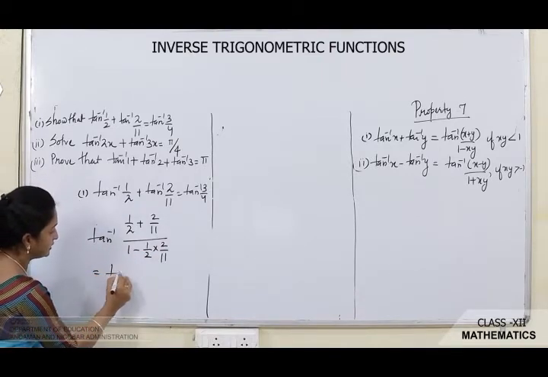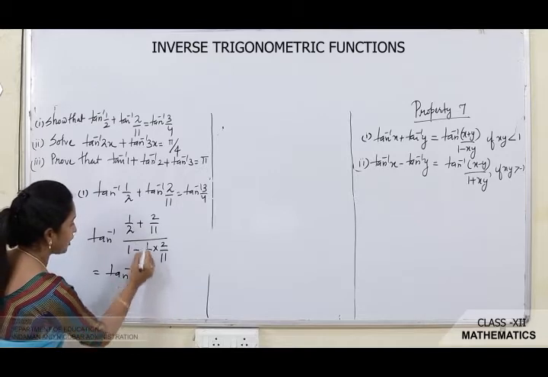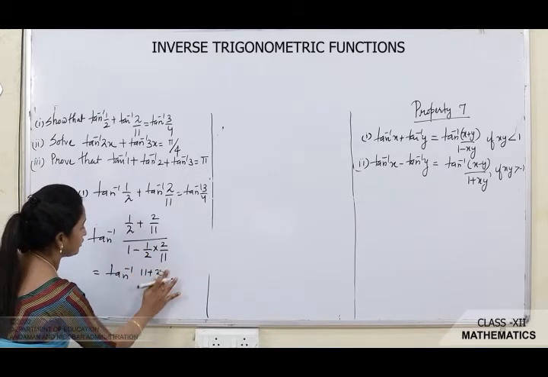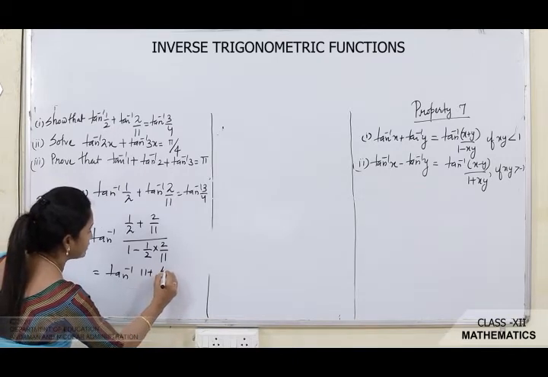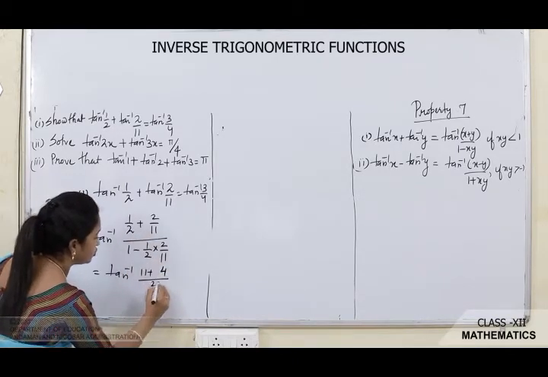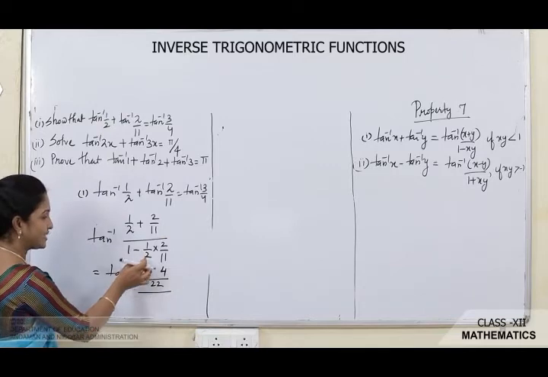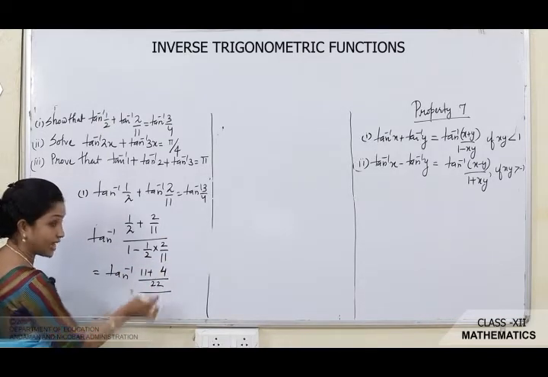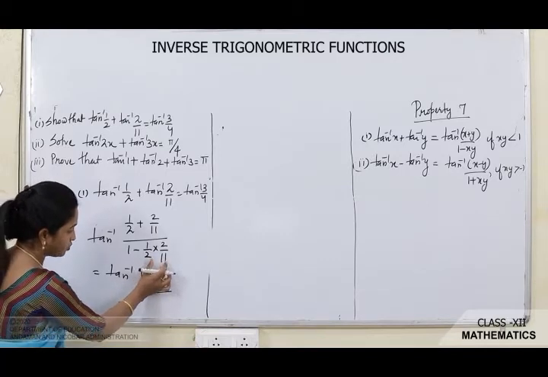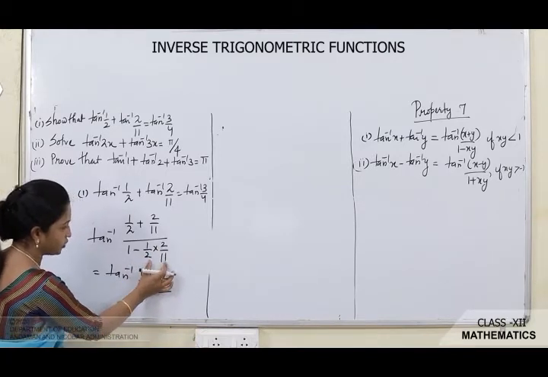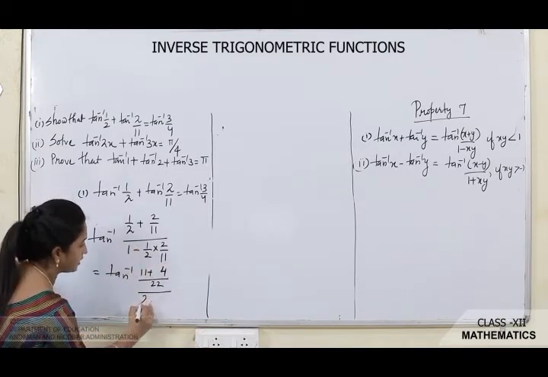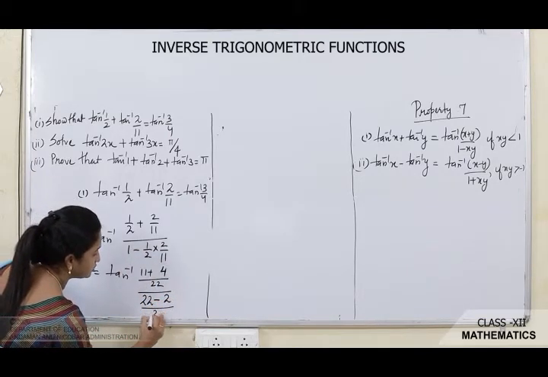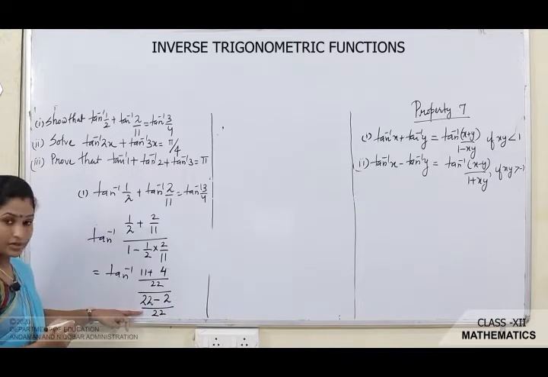Now, simplify this. Tan inverse, when you cross multiply, you are going to get (11 plus 4) by 22, over, here you can cancel it out but keep it like that so that आपका डिनोमिनेटर में 22 आएगा तो वो कैंसिल हो जाएगा. ठीक है. तो यहाँ पे मैं इसको यहाँ पे कैंसिल नहीं कर रही हूँ, इसको 22 ही रख रही हूँ. जब आप क्रॉस मल्टीप्लाई करेंगे आपको मिलेगा (22 माइनस 2) बाय 22 यहाँ पे. क्लियर?